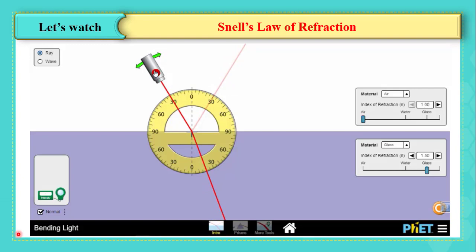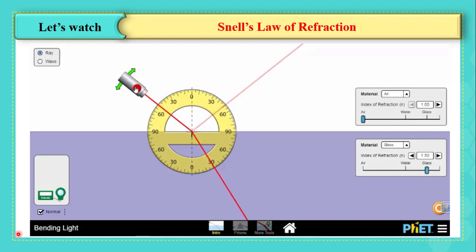For I1 equal to 30, I2 is equal to 20. For I1 equal to 40, I2 is equal to 25. These values are tabulated in the next slide.